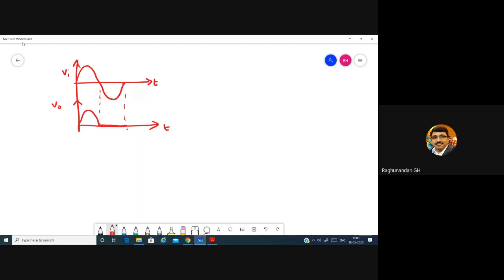Or suppose if the diode connection is such a way that the positive half cycle will not conduct, means make this as 0, and negative half cycle will conduct, means show the negative half cycle.